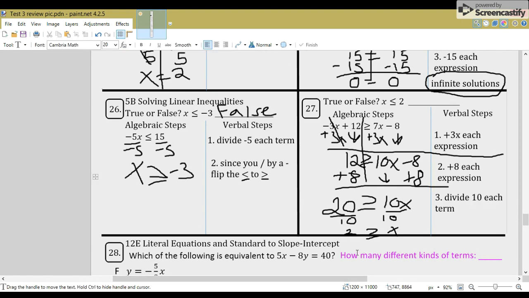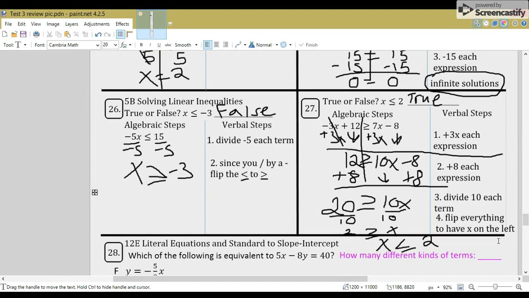Yes, it's the same. 2 is greater than or equal to x is the same thing as x is less than or equal to 2. This is true. So basically, step 4 would be flip everything to have x on the left. On answer choices, your variable that you're isolating is almost always going to be on the left side.